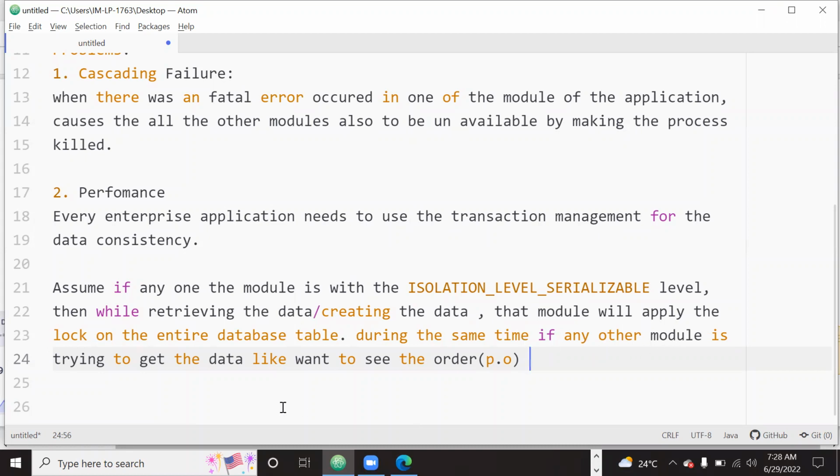If any other module is trying to get the data, like wanting to see the purchase order of a particular product, okay? A particular product.